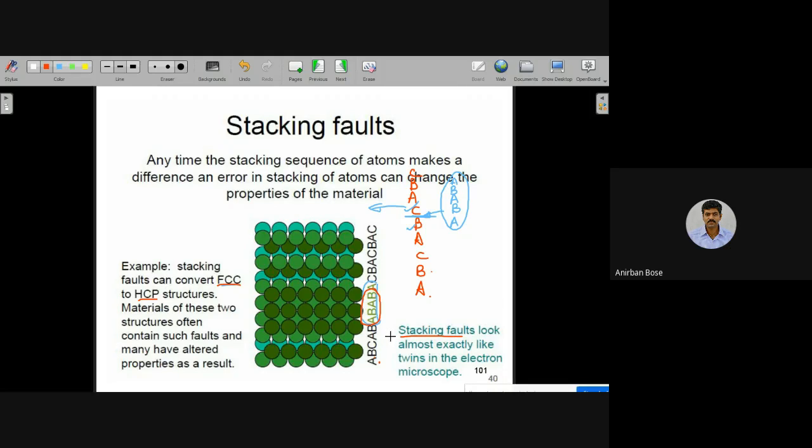Okay, so I think this idea of stacking fault is clear to you. Within a particular structure, suddenly at a particular region, some other layers enter, or from a regular structure a few layers go out. Then it is called a stacking fault. That's all.